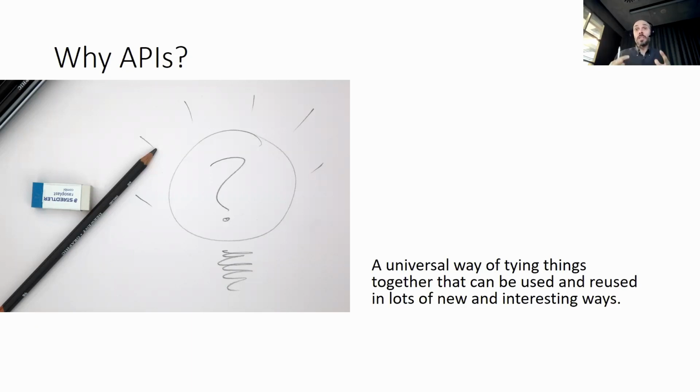Not all of these are directly related to the mainframe, but you can often integrate them with the mainframe, and thereby realize the value that they offer, and that's where REST APIs come in. REST APIs are a universal way of tying things together, and they can be used and reused in lots of new and interesting ways. Hopefully, ultimately, they help solve some of the problems that you might be facing as an IT organization.